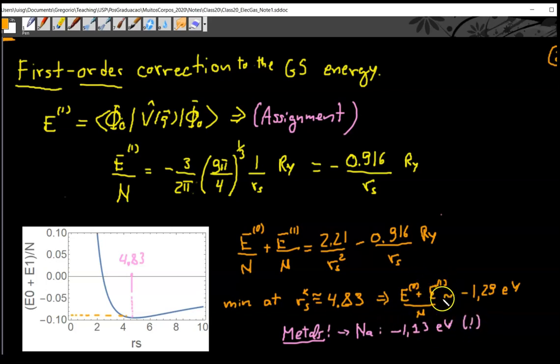This first order approximation is definitely better than what you get for just the kinetic energy only. Otherwise you wouldn't have this minimum here, wouldn't have this binding energy. So the question is if you can go further and try to calculate the second order contribution to the ground state energy.